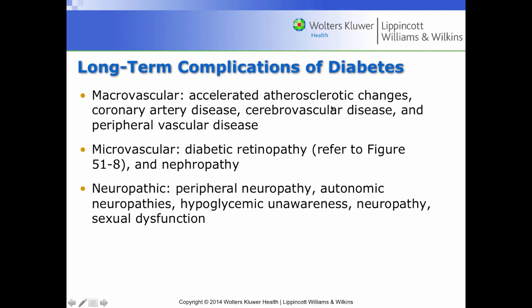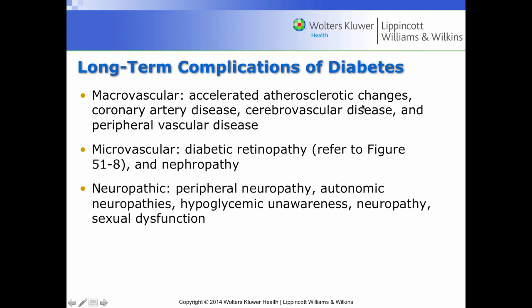Okay? Circulation is a problem. Coronary artery disease is extremely common with diabetes. Okay? So you have increased risk for heart disease, increased risk for myocardial infarction and heart failure.